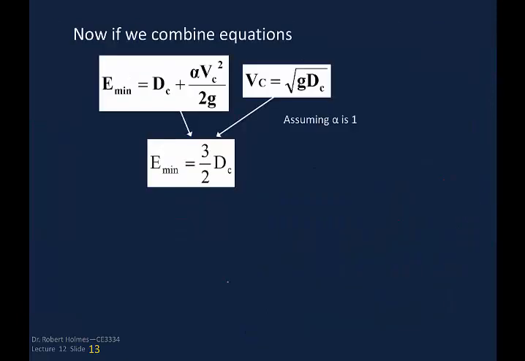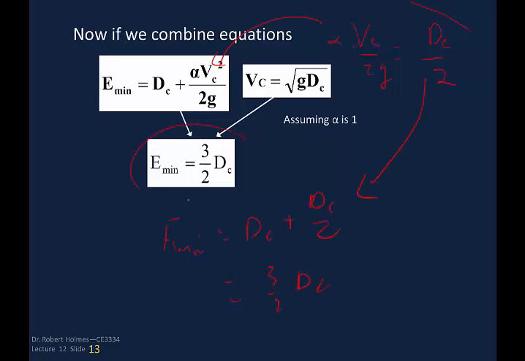All right. The other thing to remember is, just as we've said, at the critical situation, the minimum specific energy, the V critical is equal to the square root of g times the hydraulic depth, so V squared over 2g is D over 2. If we plug that in right here to this part of the equation, we get that E minimum is equal to d_c plus d_c over 2, and that's equal to 3/2 d_c.